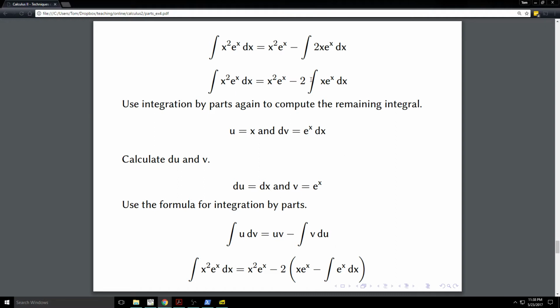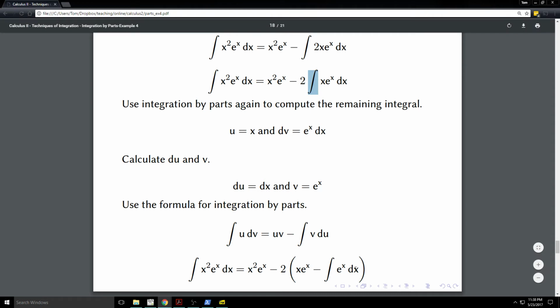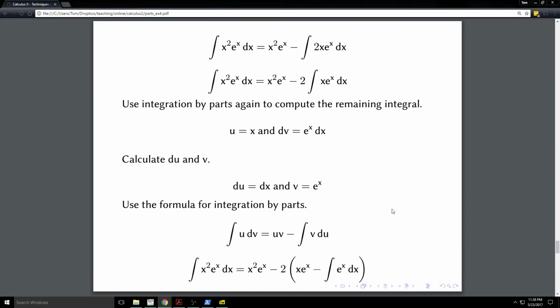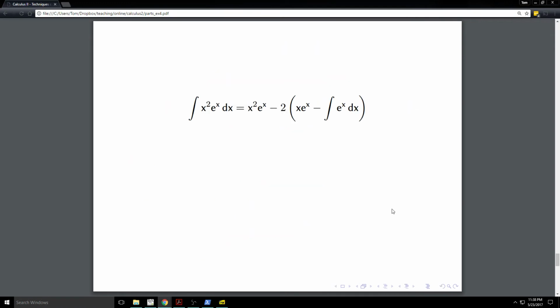So again, I'm taking this bottom equation here. How did I get that? I took and replaced this integral right here with what it was equal to, using the integration by parts formula there.